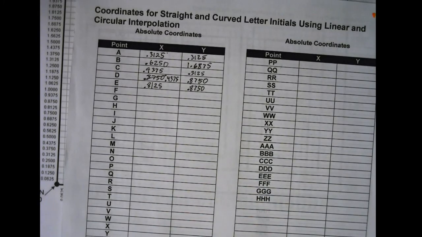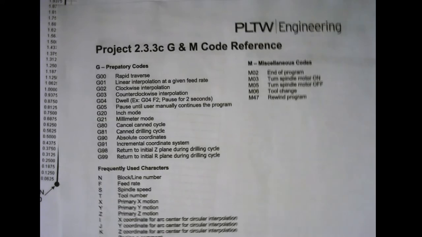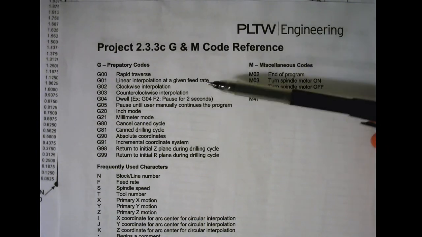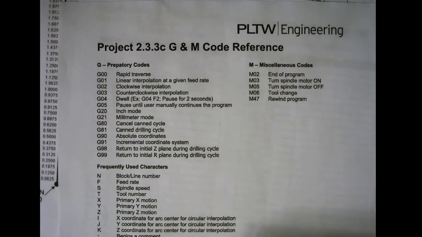You have to have this done for the next part of the assignment, where we're going to get into the G and M code reference sheet, and you have to have that done to be able to start using this in the next period, because we're going to be introducing this in the next period.